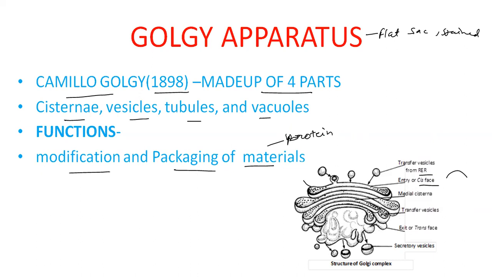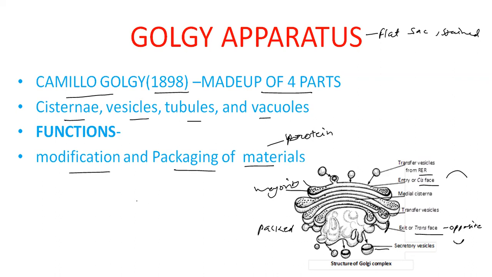After entering inside the Golgi body, these proteins are modified. The majority of modification takes place inside the Golgi body, and then packaging is done, and then it is secreted out in the form of vesicles. The face which is secreting these vesicles is called the trans face. It is opposite to the endoplasmic reticulum, and it is concave in shape.